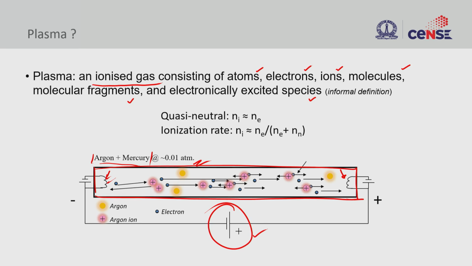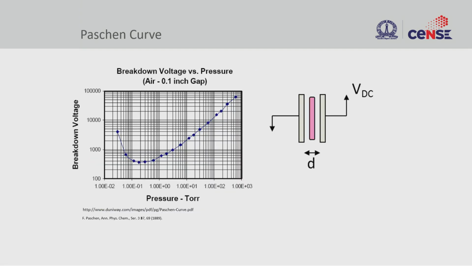This is how you completely ionize and create a charge within this concealed volume, and you will have conduction. There will be a conduction that happens, and the whole conduction is enabled by the generation of this plasma.